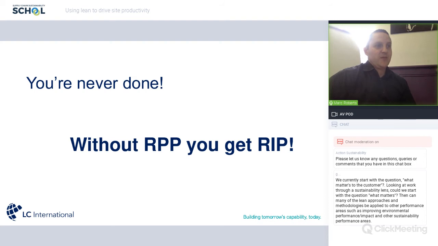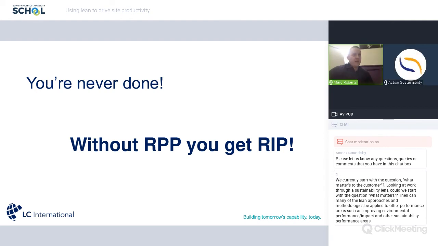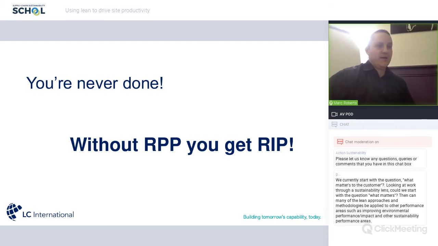Because if we don't continually improve, we will get overtaken. So we need to have that mindset, that ethos throughout everything that we do. It's always a big warning sign, and a big flag, when you hear people say, "Oh yeah, well, we've done lean." Because you know that it's never done.